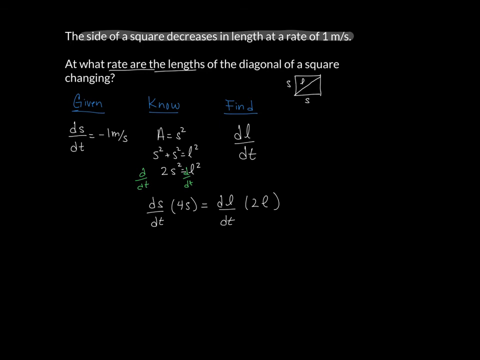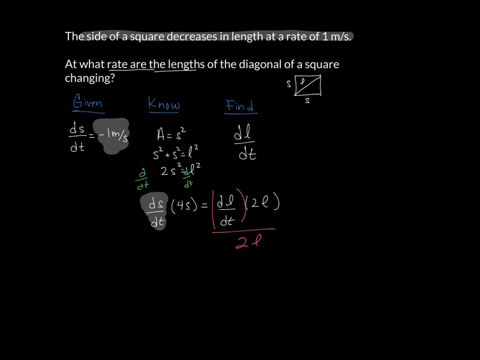Now, as I'm looking at this, what do I know and what do I still need to find? Well, I know that ds/dt is equal to -1 meter per second, so I can substitute in for that. So we want to go ahead and find dL/dt. We're going to do that by dividing both sides by 2L.